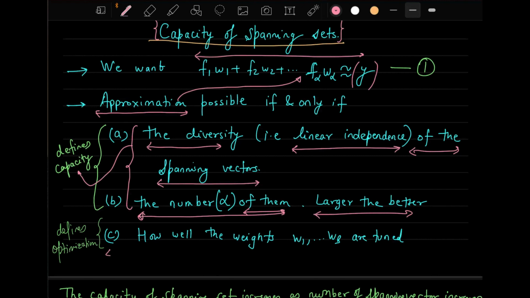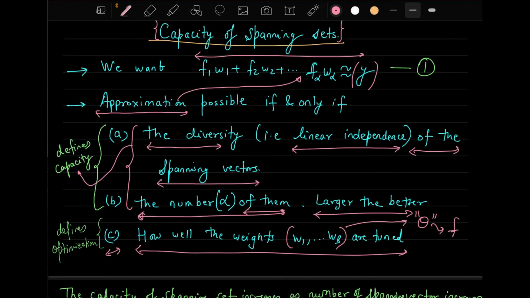And the third one is how well these weights, W1 to W alpha, and also the thetas present in function f, are tuned.